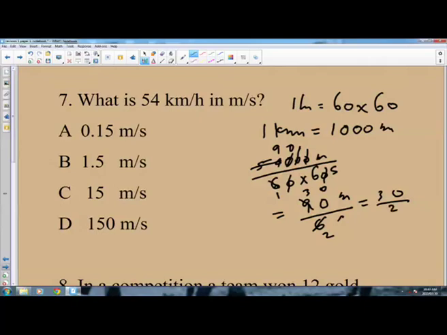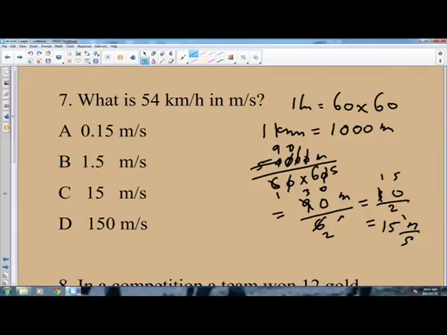And then what is 30 divided by 2? We can see that when we divide 30 by 2, we get 15. So this is simply saying that when you change 54 kilometers per hour to meters per second, you'll get 15 meters per second.